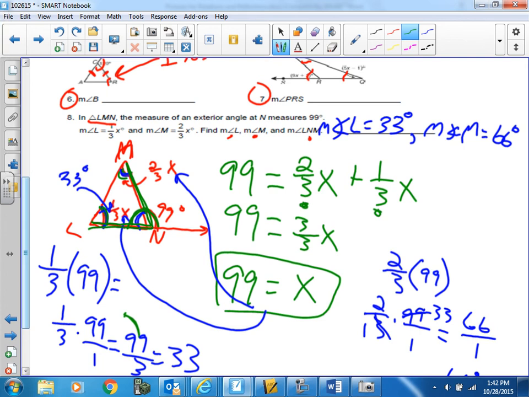Not 101. What am I talking about? Because what plus 99 gives me 180? 81. So angle LNM, measure of angle LNM equals 81 degrees. Is that right? That all looks right to me.